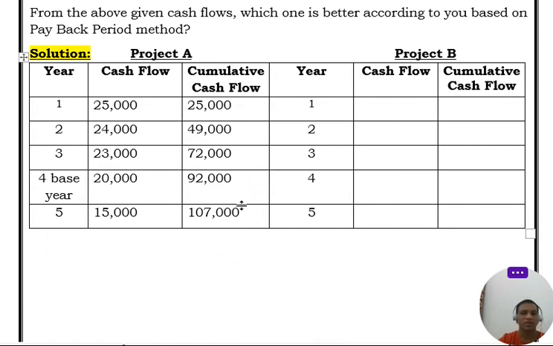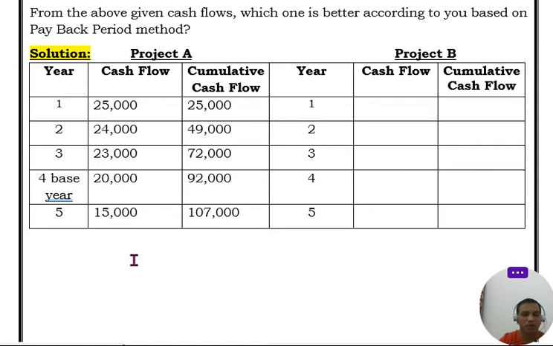How much is that part? Up to 4 years 92,000 is covered. Still how much is the balance to be covered? Total cost 100,000, you covered 92,000. 100,000 minus 92,000, 8,000 is the balance remaining to be recovered. That is simple common sense you have to apply.